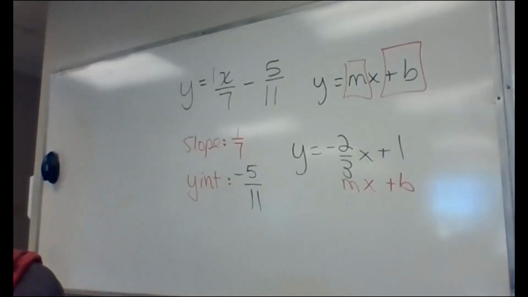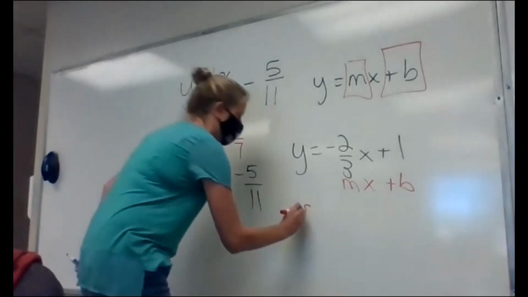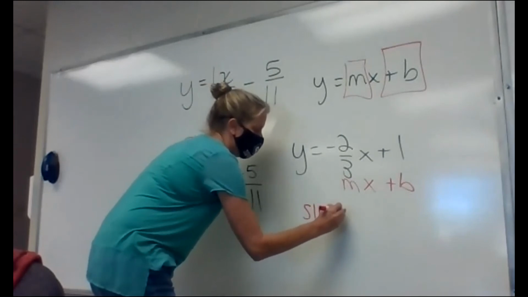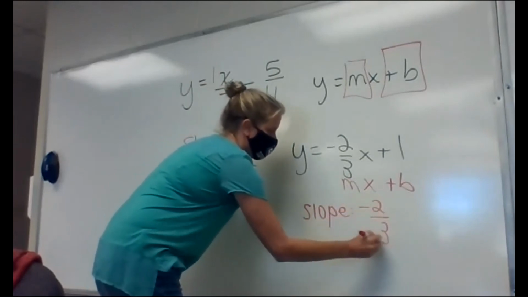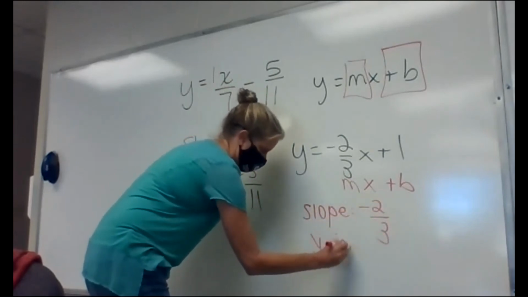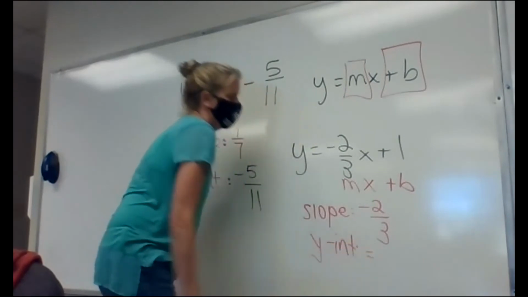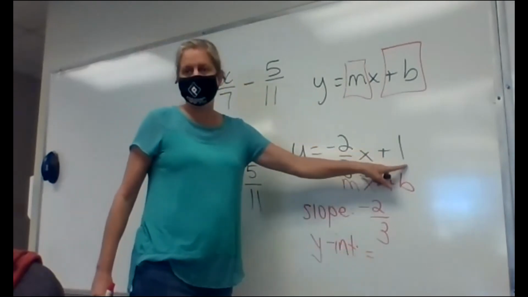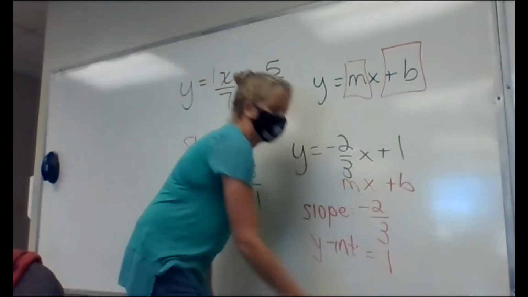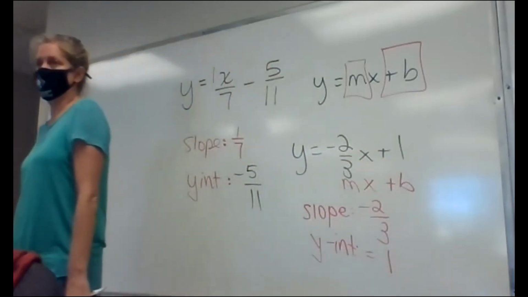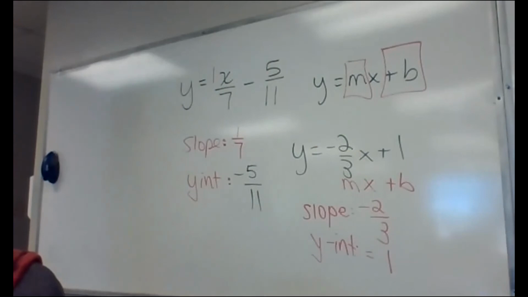The number not hooked onto the x is your Y-intercept. So looking at this one, what's your slope? What's hooked onto the x? Negative. And the Y-intercept, what's the number not hooked onto the x? Positive 1, so your Y-intercept is 1. Your slope is negative 2/3, your Y-intercept is 1.